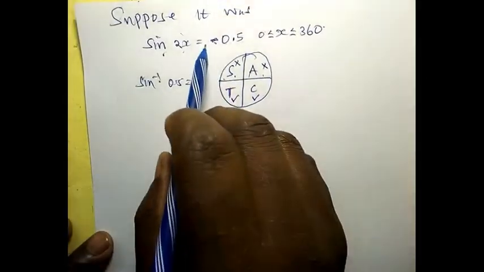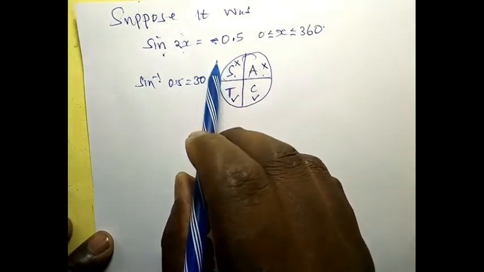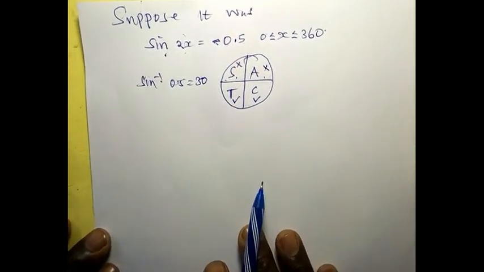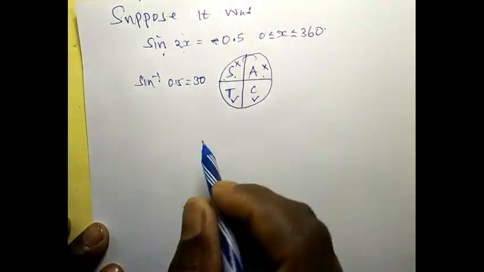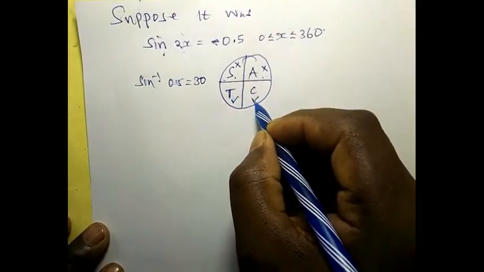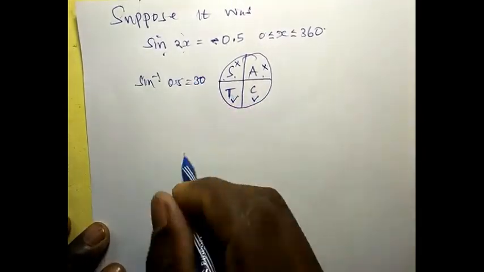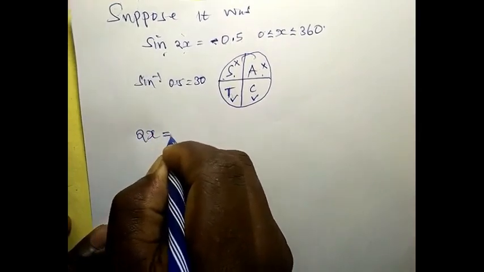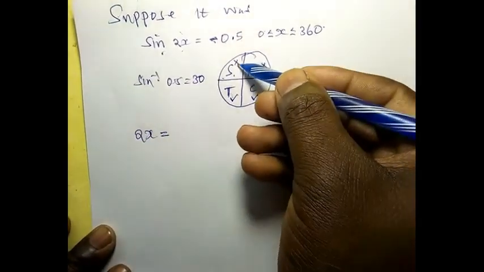When you use a negative with your calculator, you are going to get an error, and therefore it's important for you to understand that. So if it was negative, it means that the sine is negative where the tangent is, where the cosine is. Now that we have 30, our first angle will be 2x equal to the third quadrant.